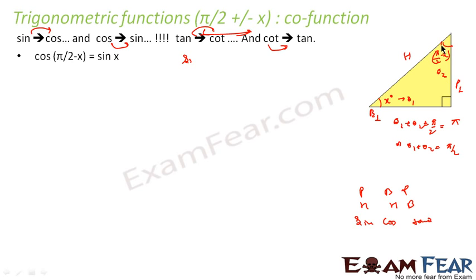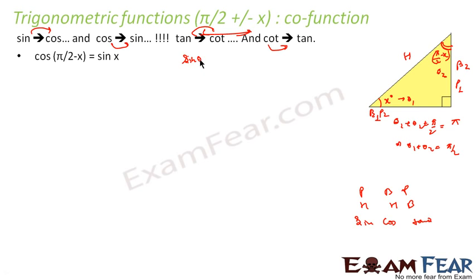When I'm considering theta 2 as the angle, the hypotenuse will be the same, but the line which is with theta 2 becomes base 2, and this becomes perpendicular 2. So when we consider theta 1 as the angle for reference, this becomes perpendicular 1 and this becomes base 1. When I consider theta 2 as the reference, this becomes base and this becomes perpendicular.